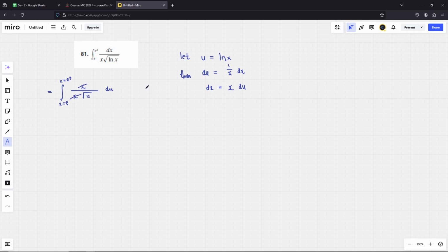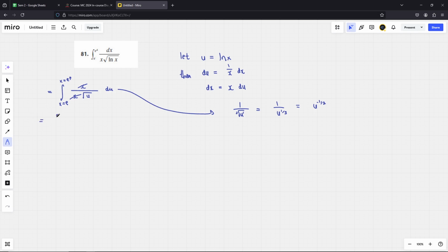So these cancel. Let's draw an arrow going this way. Let's look at our new integrand. This is the same thing as 1 over u to the power 1 half, where the power is over the root. And if we take this to the numerator, this is going to be minus a half.